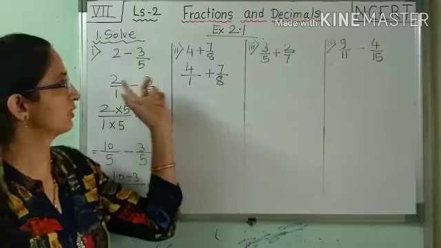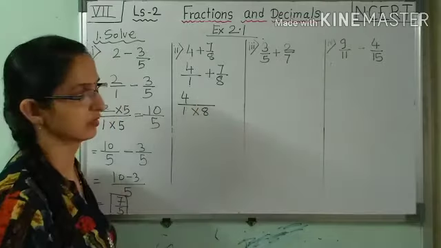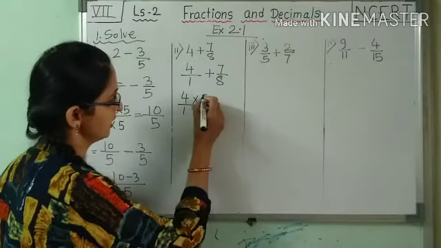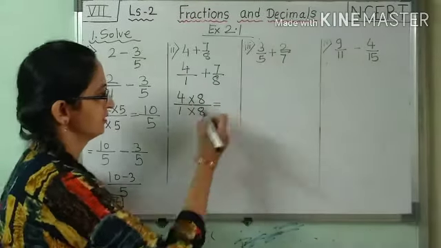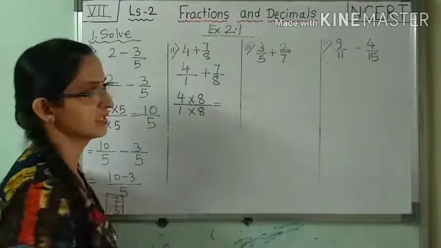So here the LCM of 1 and 8 is 8. So how will we get 8 here? By multiplying the denominator and numerator by 8. Here the answer is 32 upon 8.